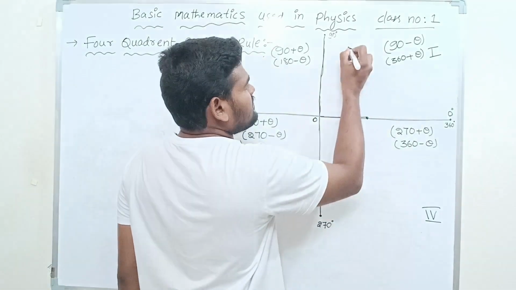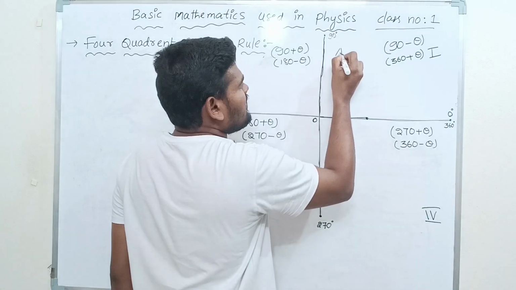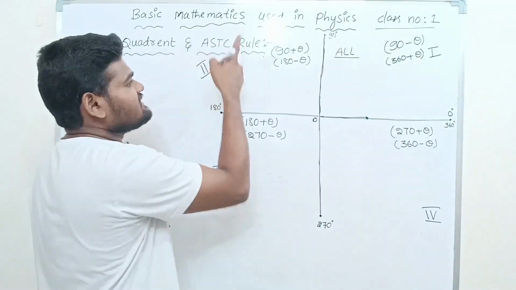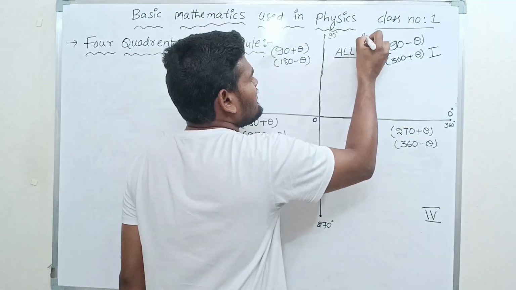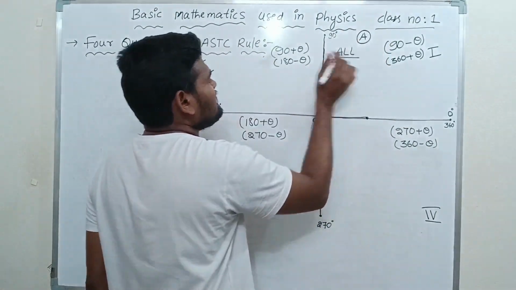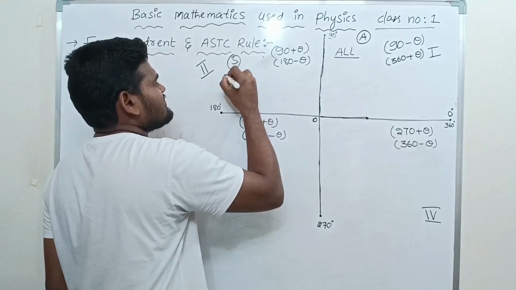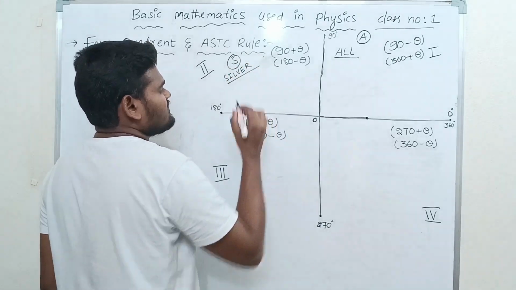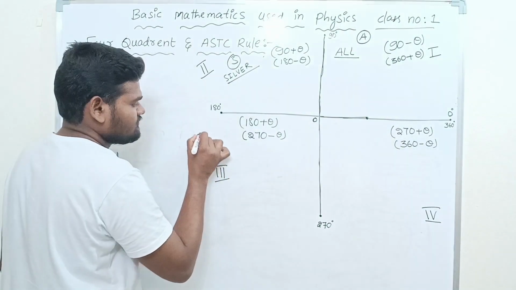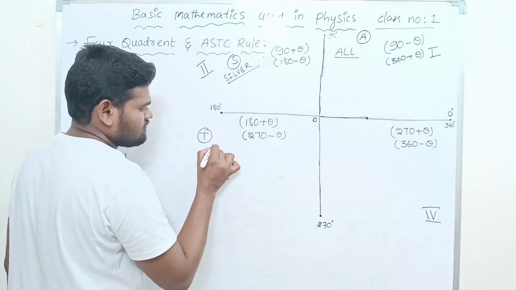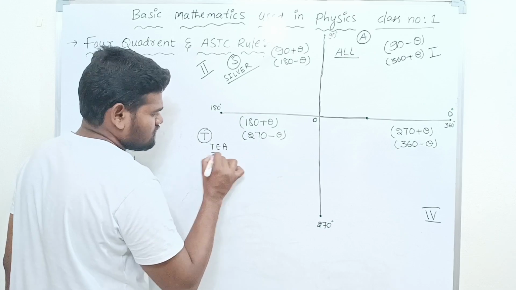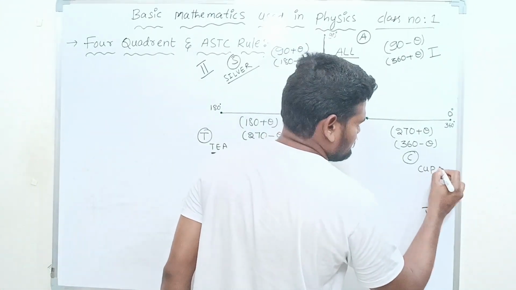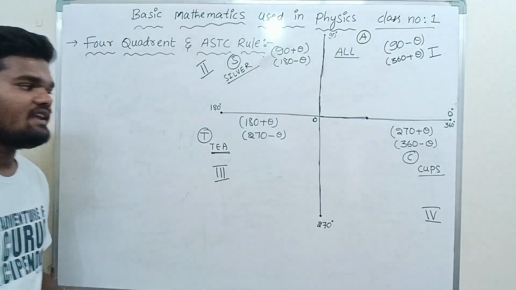Let's see, in this quadrant all trigonometric ratios are positive. In the ASTC rule, A stands for all, S stands for silver, T stands for tea, and C stands for cups. All silver tea cups.